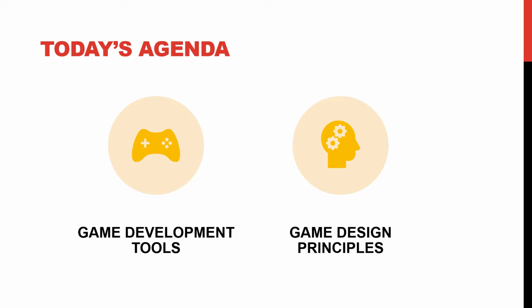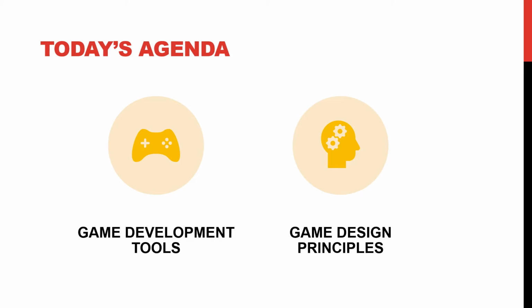From game development, we'll also switch to game design principles. The task for you all on this course is to create your own game. So in the latter part of this lecture, we will be talking about game design principles, how you can get started with your own game design, and again, look at real examples of how game studios design their products.